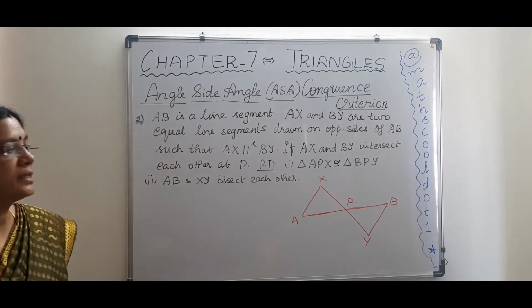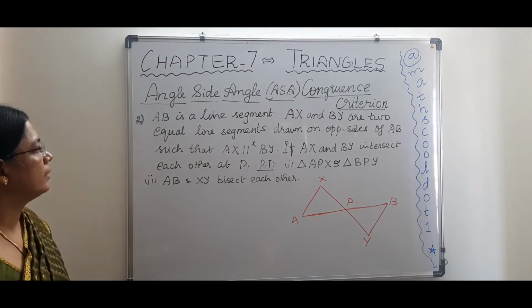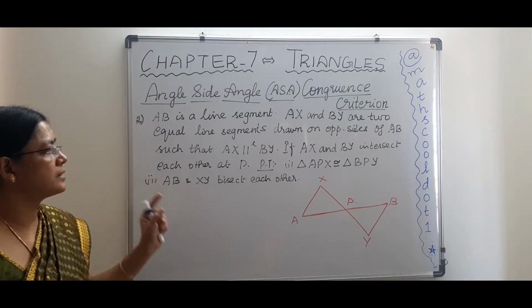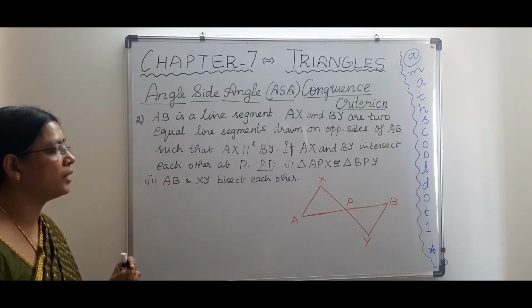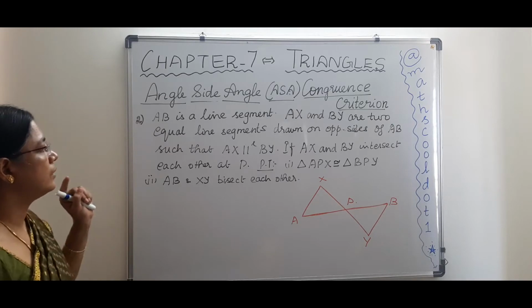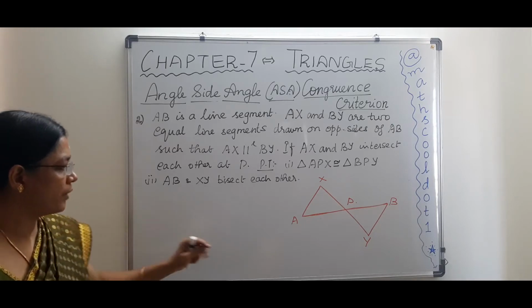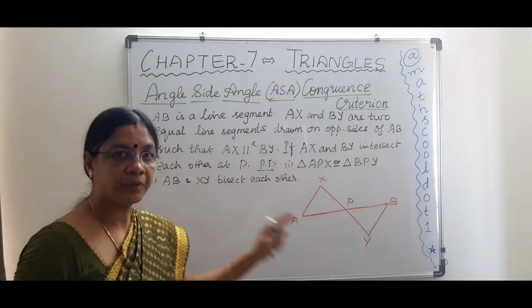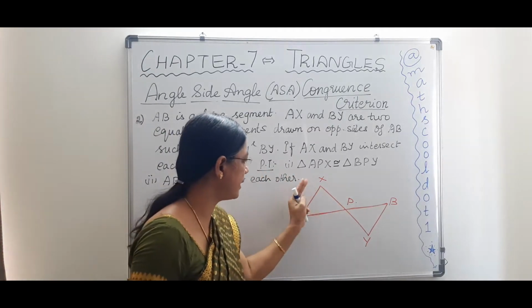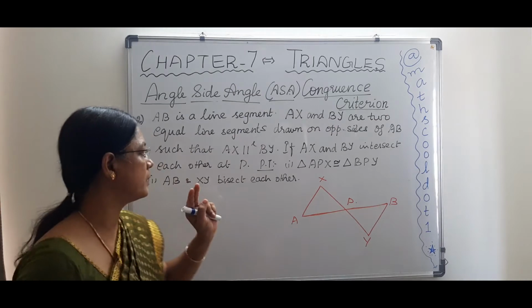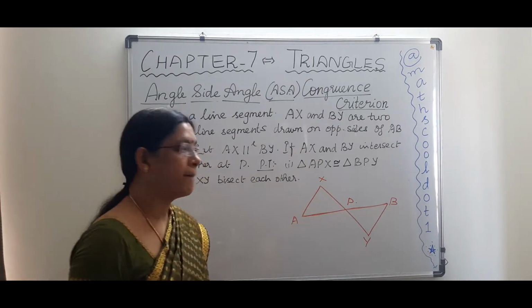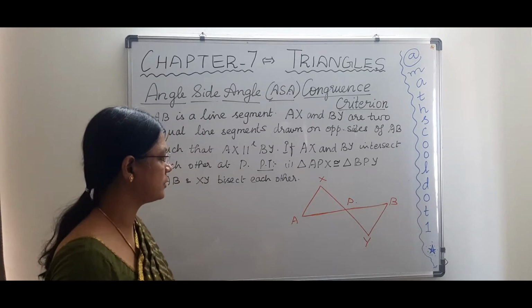Okay, so they intersect at P. Now AX and BY are two equal line segments drawn on opposite sides of AB. So this is AB and I have drawn them on opposite sides. See, this side I have drawn AX and this side I have drawn BY. If AX and BY intersect each other at P, okay, so we have drawn this also.